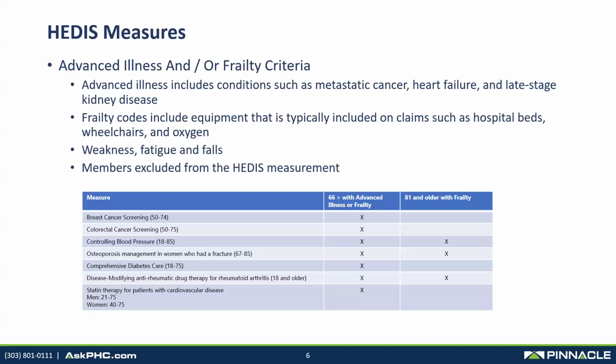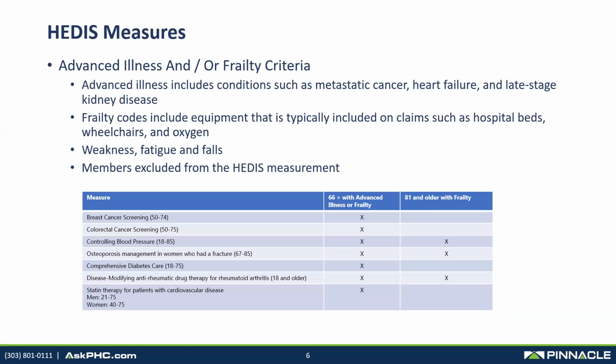Now, we do have patients that age out or that are excluded from HEDIS measurement reporting due to advanced illness or frailty criteria. Advanced illness includes conditions such as metastatic cancer, heart failure, and late-stage kidney disease.